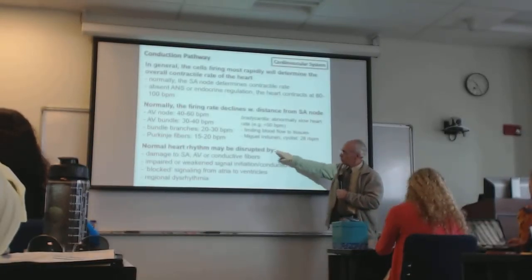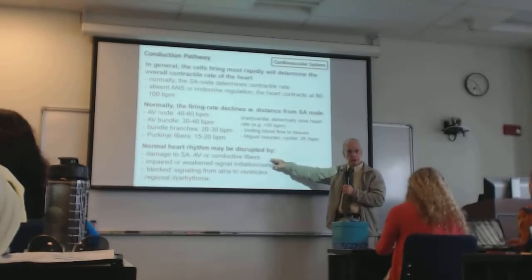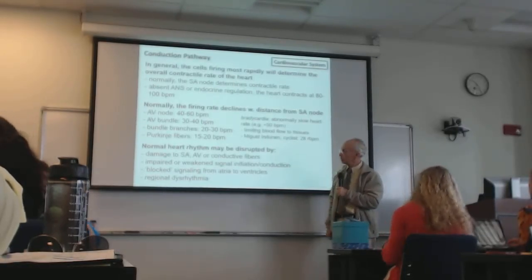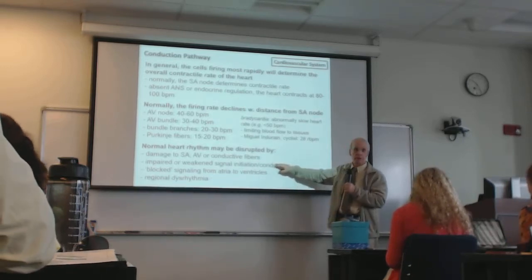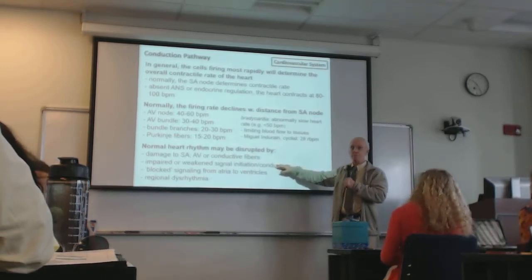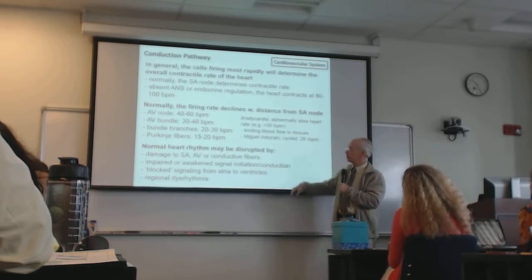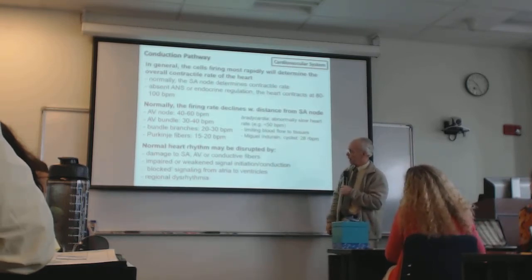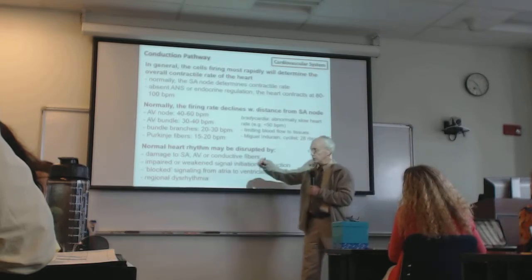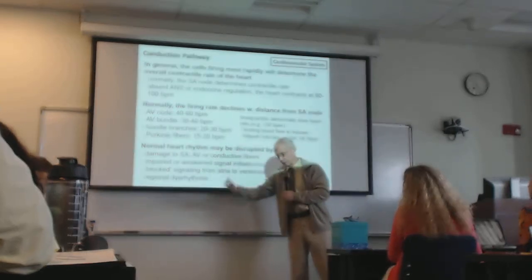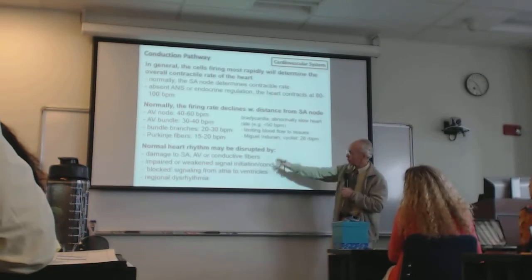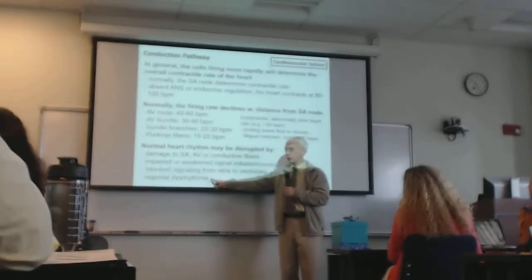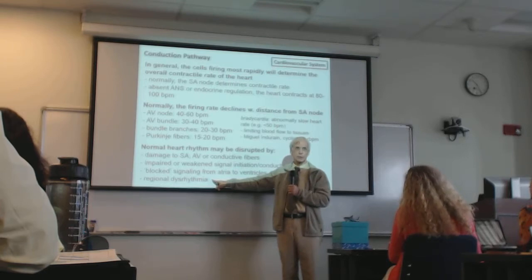So normal heart rhythm, again, we're going to talk about blocks a little later, damage to the conductive pathways. If there's some reason, for example, that autonomic innervation is aberrant, we talked about parasympathetic depression of the rhythm. Sometimes the signal may originate properly in the SA node, but it may not be propagated distally the way that it should. So there are a number of things. In fact, portions of your heart may just decide that they want to rule the roost.